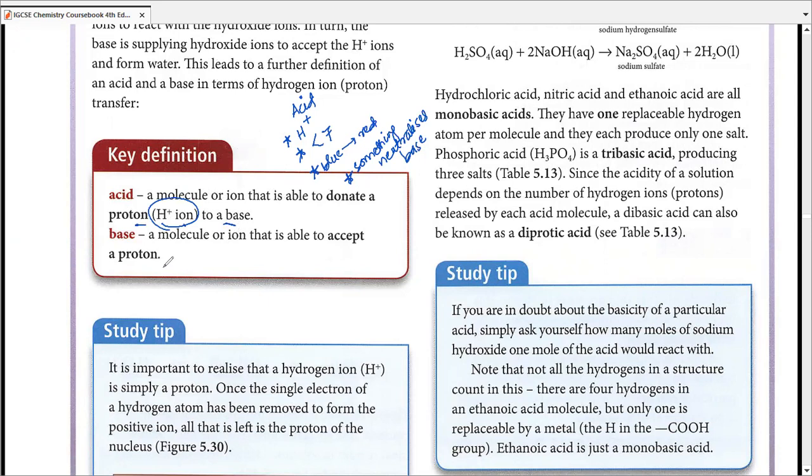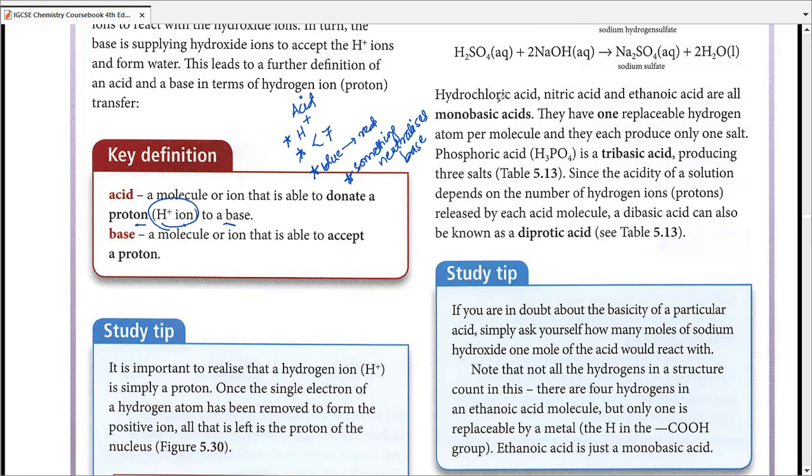On the other hand, a base is a molecule or an ion that is able to accept a proton. We have been calling H positive ion as a proton.